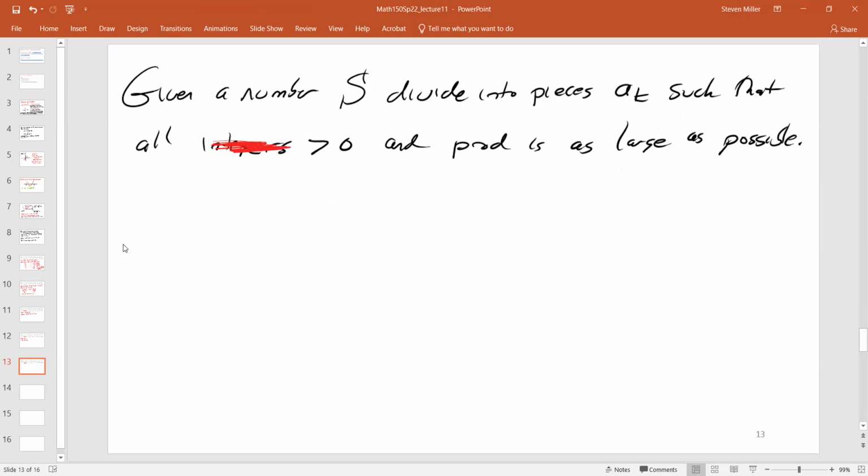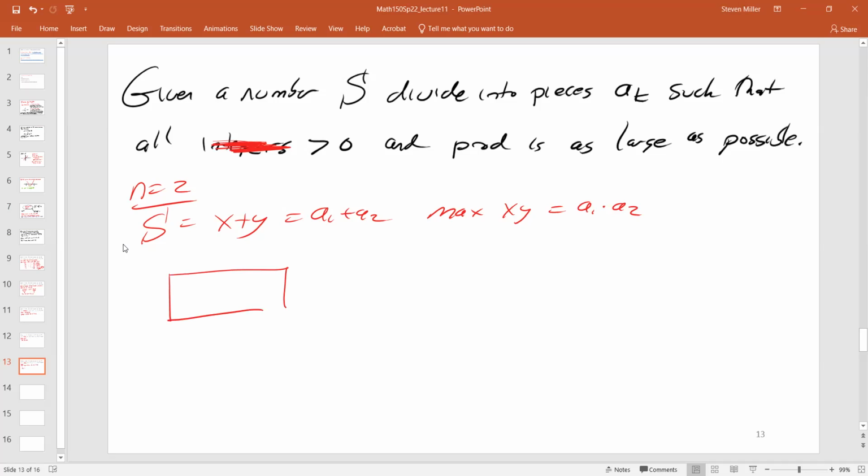So now let's do the case n equals 2. I'm going to say S equals x plus y. This is really our A1 plus A2. And I want to maximize x times y, which is really A1 times A2. This should remind you of the Farmer Brown problem. So what do I have?